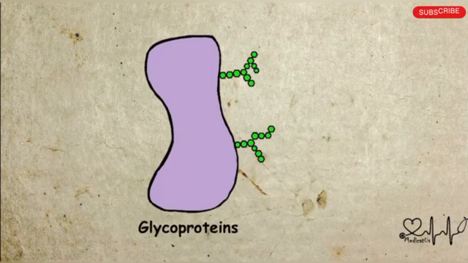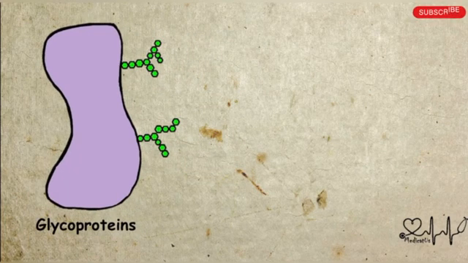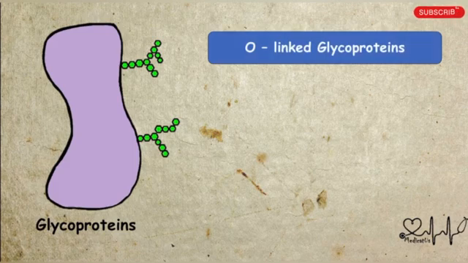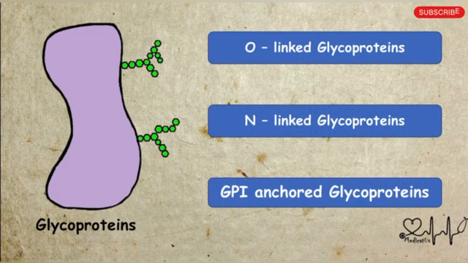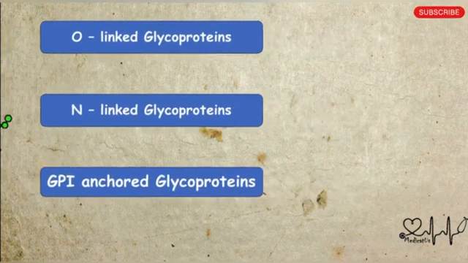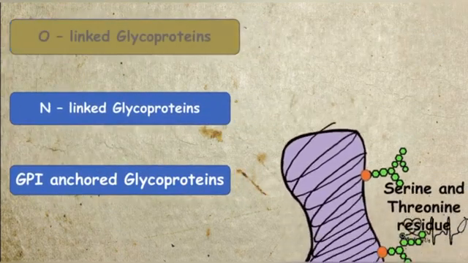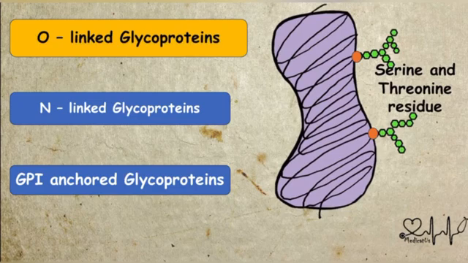Now about glycoproteins. They are of three types: O-linked glycoproteins, N-linked glycoproteins, and GPI anchored glycoproteins. Starting with O-linked glycoproteins. If the carbohydrate side chain is attached to the serine and threonine residue of the core protein, then it is called O-linked glycoprotein.